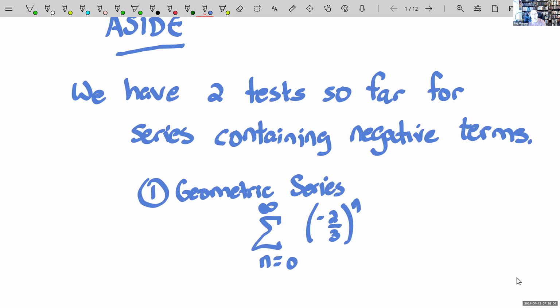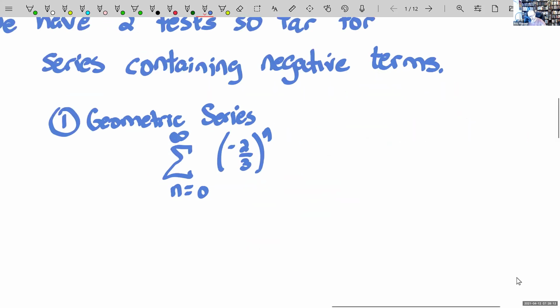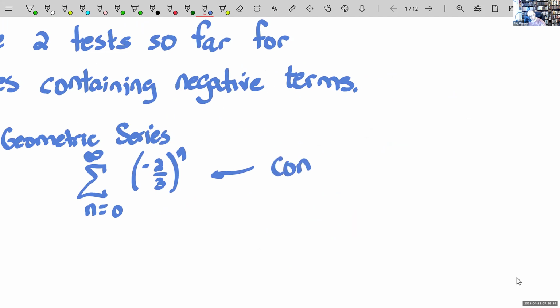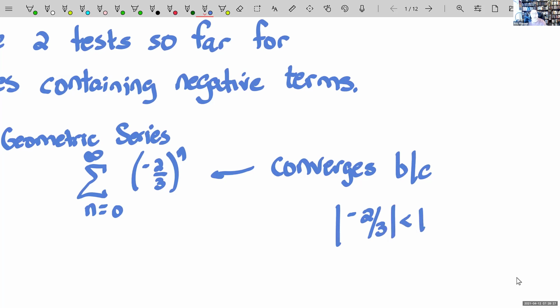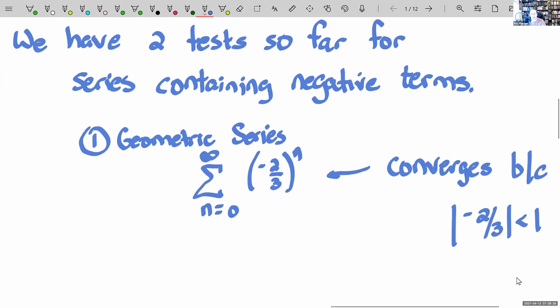This converges because the absolute value of -2/3, not 3/2, but 2/3, is less than 1. So this is a series that does contain negative terms. They're alternating negative terms, actually. The terms pop back and forth every other term through positive and negative.